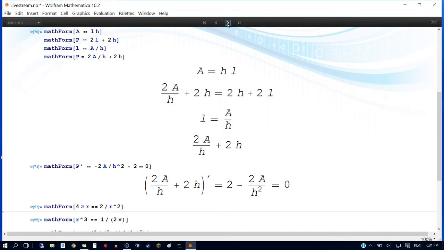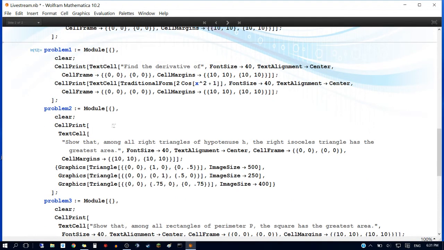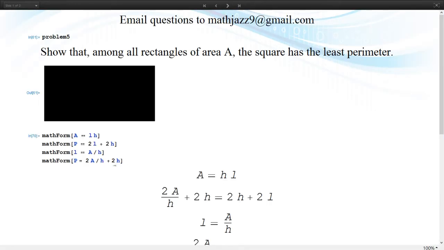Then we execute the code on our code page here and down here. And then we move back to our first page.